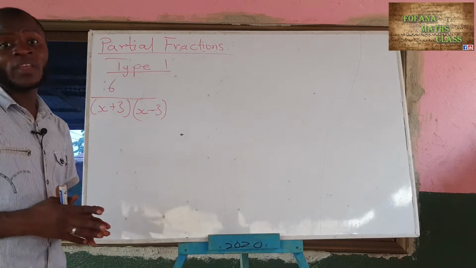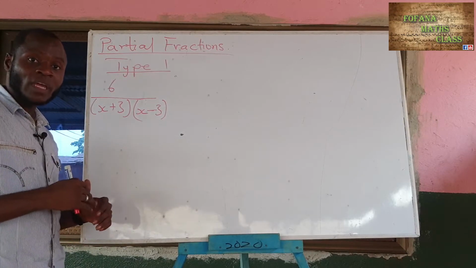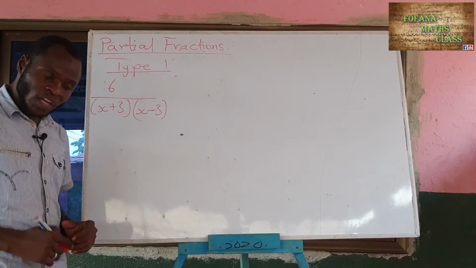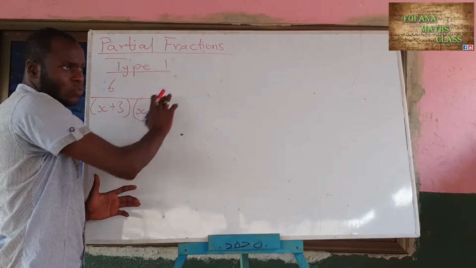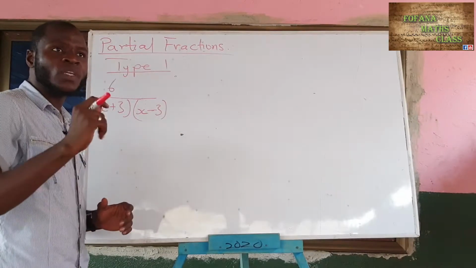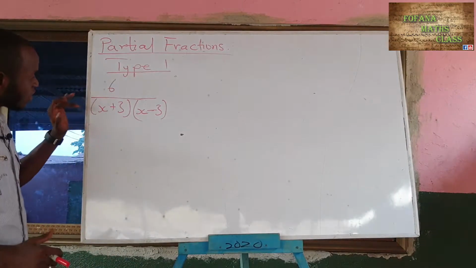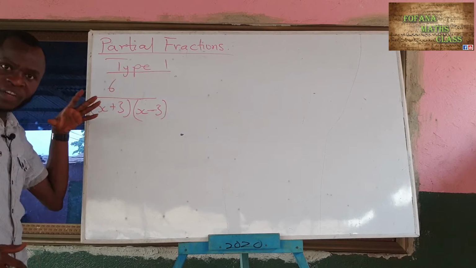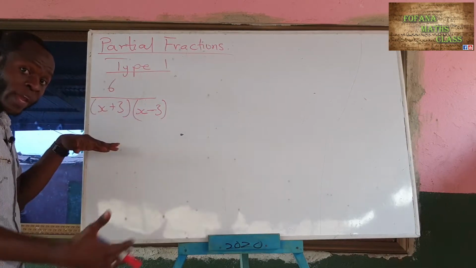Type 1 of the rational function is where the denominator of the rational fraction is linear. If you have that, then you equate that particular function to constants, which will be either A or B. Just like in this equation here, the factors under the 6, which are the denominator, are linear functions. They are not quadratic, and they are not repeated.